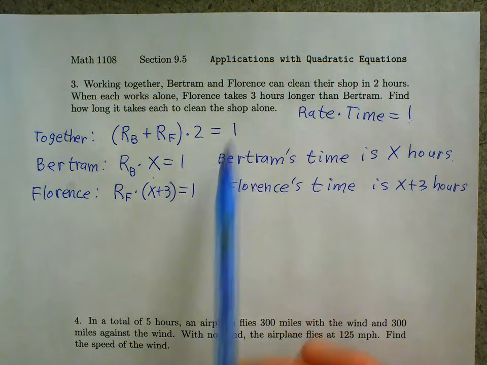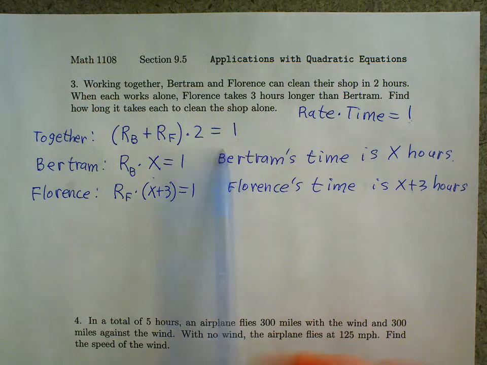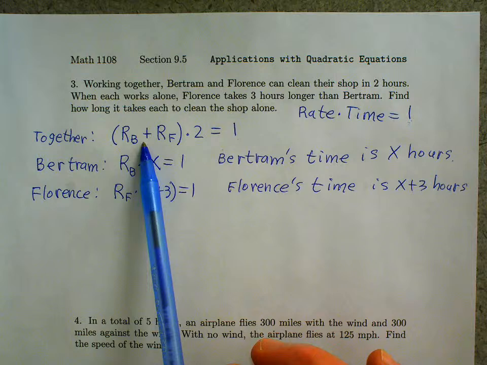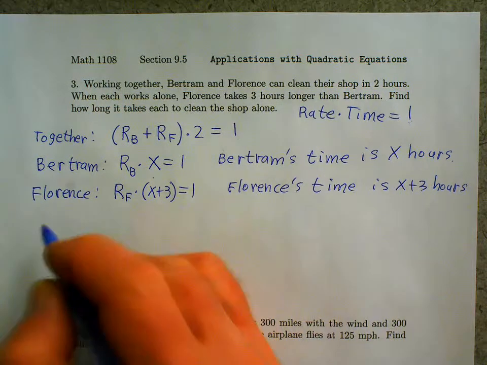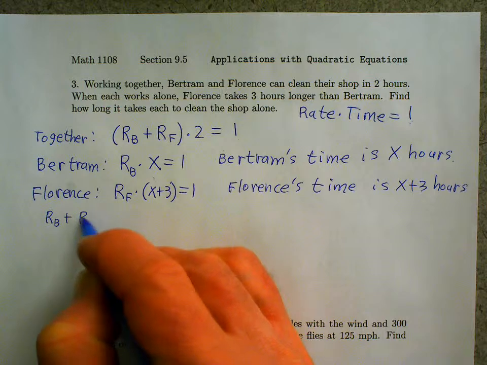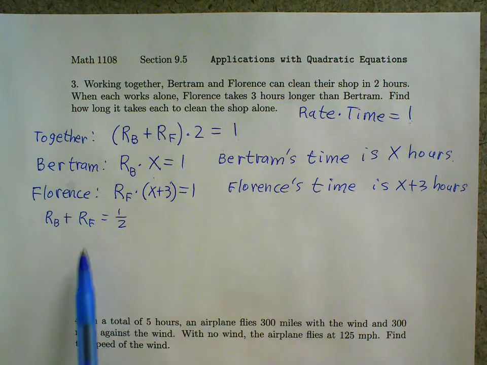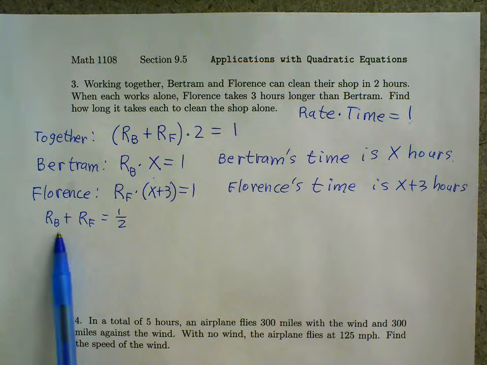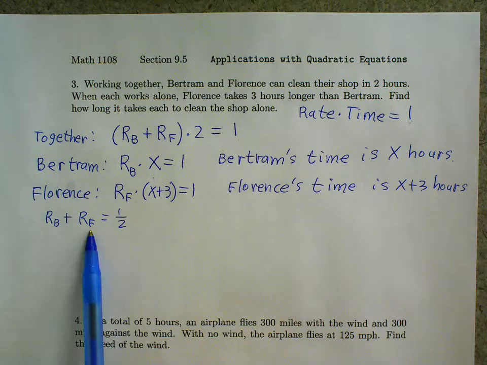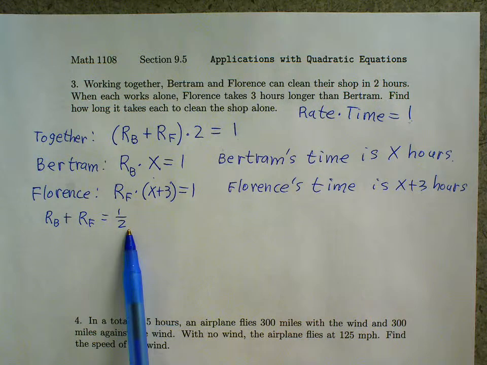So we've done this sort of thing before. Solve for each of the rates. Bertram's rate plus Florence's rate is 1/2. So more technically, when Bertram and Florence work together, they can clean 1/2 of the shop per hour.